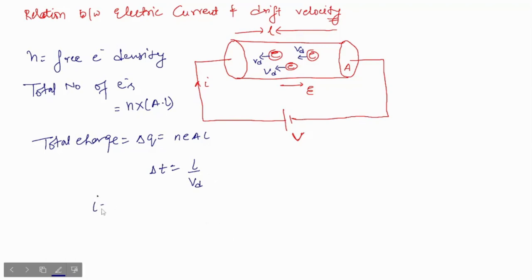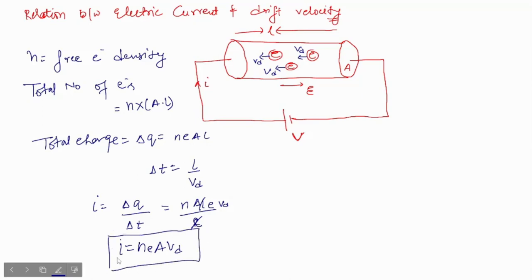So your current will be the total charge flowing upon the time taken, delta Q by delta T. That means n into A into L into e upon L upon Vd. If we move Vd upward, this L and L will get cancelled out. So from here you get I equals n into e into A into Vd.